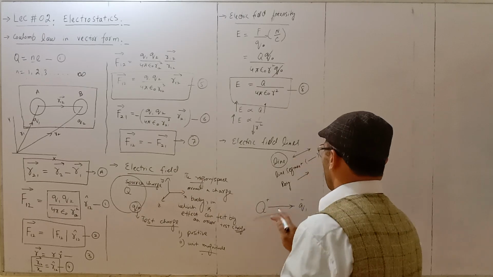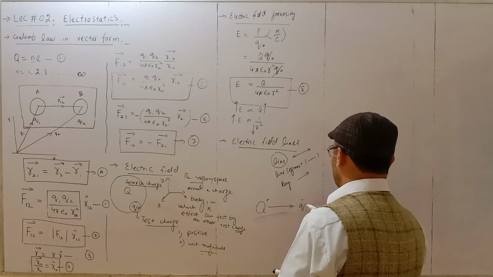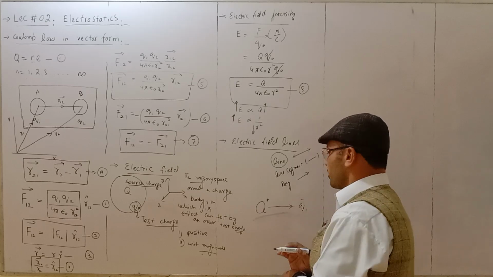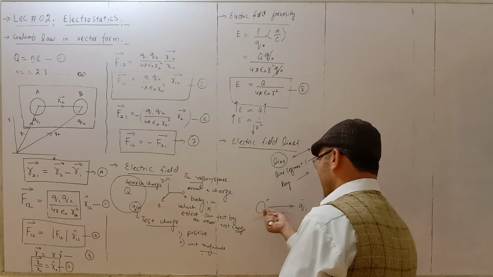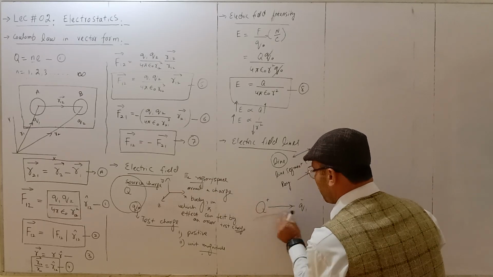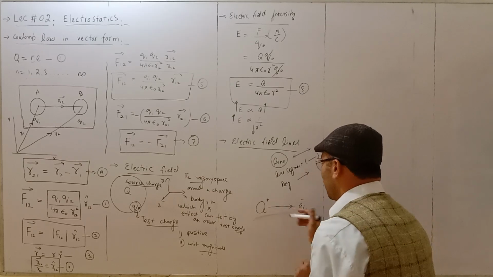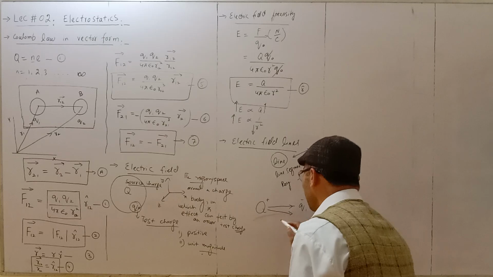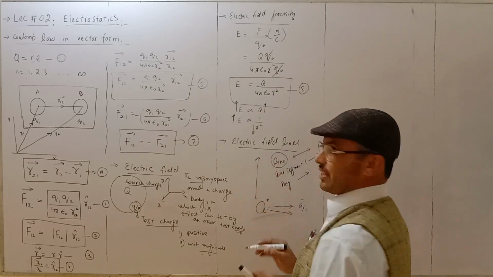I take the capital Q as the source charge and Q1 as the test charge. Some force is observed emerging from the source charge and moving toward Q1, and these lines are called electric field lines.